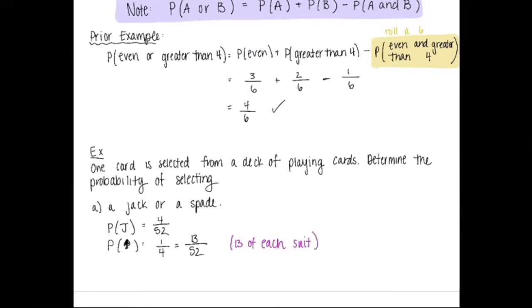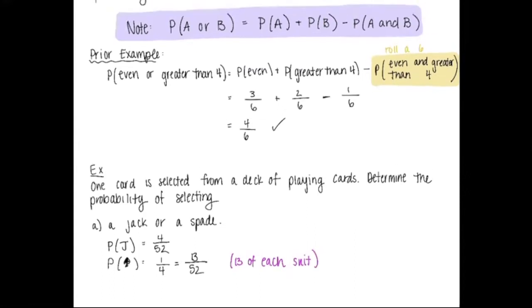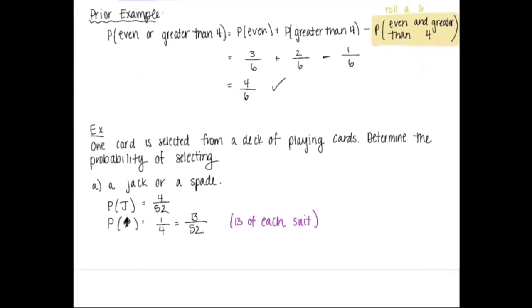Does that make sense? Okay, cool. Now we want to look at this final one. What is the probability we get a jack and a spade?